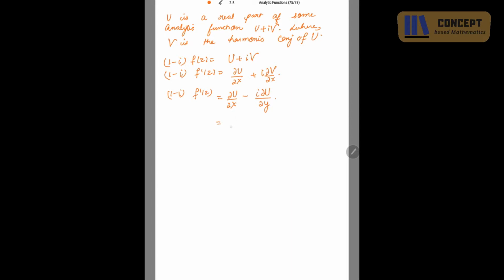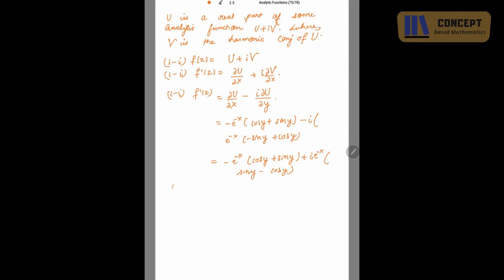That is equal to minus e to the power minus x times (cos y plus sin y) minus iota. What is del U over del y? That is equal to e to the power minus x times (minus sin y plus cos y). If you solve this, taking minus inside and e to the power minus x outside, you will get (sin y minus cos y).